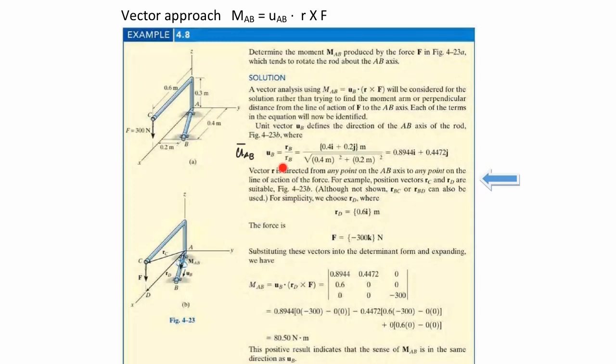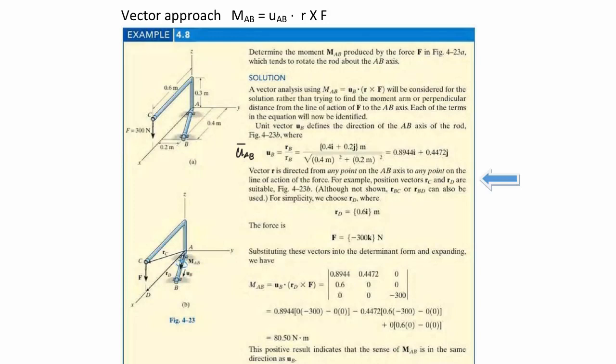The R is a vector from any point on the AB axis to any point on the line of action of the force. So if you look at our picture here, this is our axis, and this is the line of action of the force. And so we have actually 4 possible R vectors here that would make some sense.